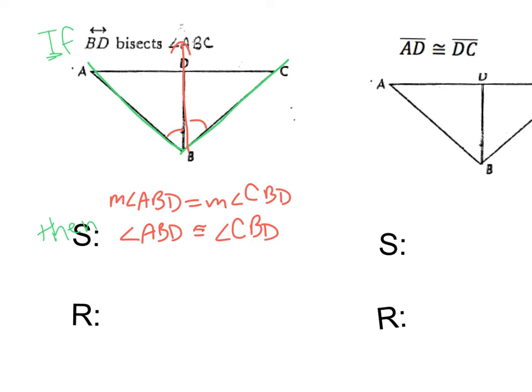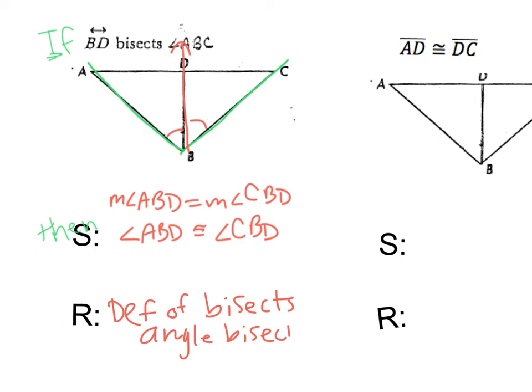So for the reason, this R stands for reason. We're going to force ourselves to start giving reasons because now we're using deductive reasoning. In this specific problem, with this particular picture, I know that BD bisects angle ABC because my definition of bisects, or you could say angle bisector if you want to be specific, says that in every case, if you have a ray bisecting an angle, congruent angles are created, or equal angle measures are created.